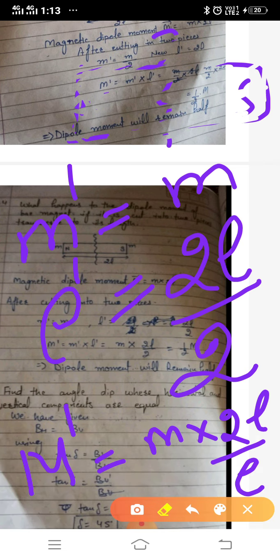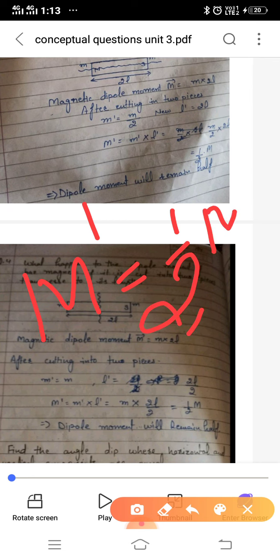So you can see that capital M dash will be equal to 1 by 2 small m into 2L. So this is your magnetic dipole moment. That means M dash is equal to half of M.